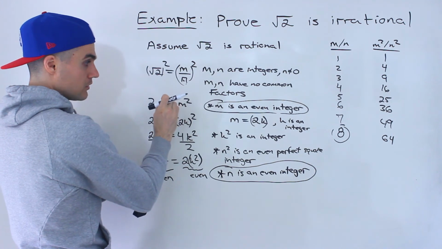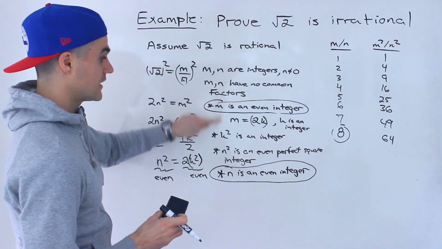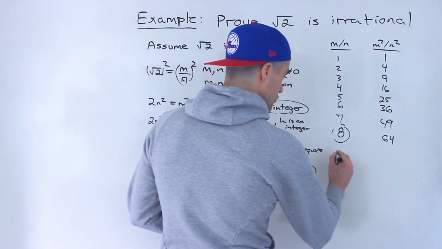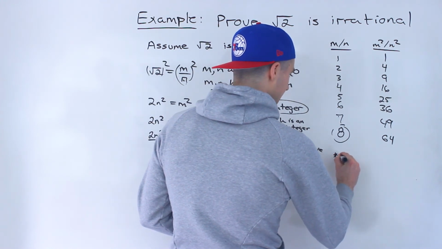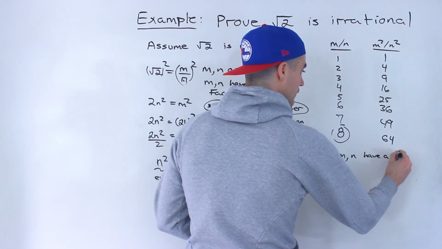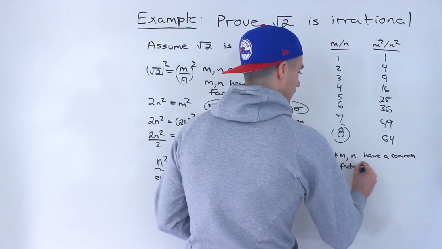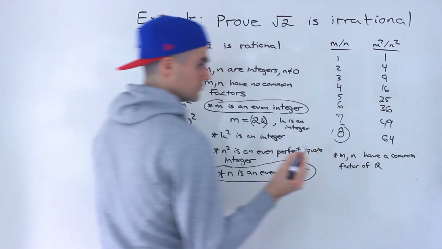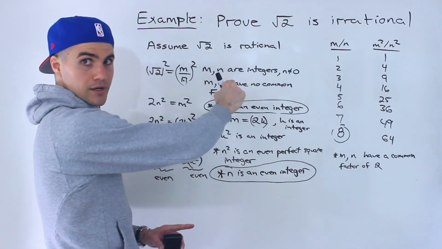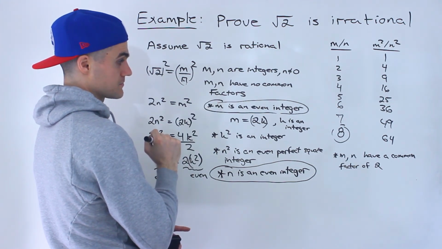It was irreducible. But with this here, we just showed that m has to be an even integer and n is an even integer, which means the conclusion from here is that m and n have a common factor of 2, which breaks our initial assumption of m and n having no common factors.